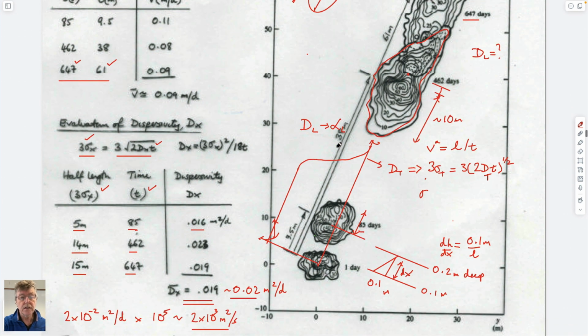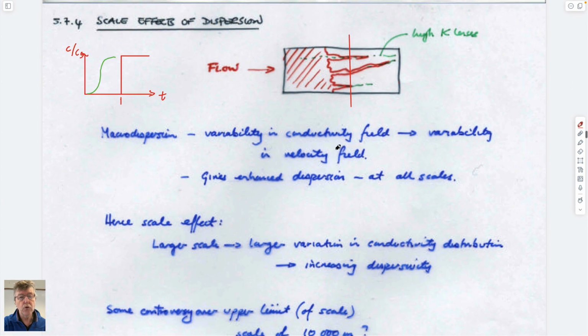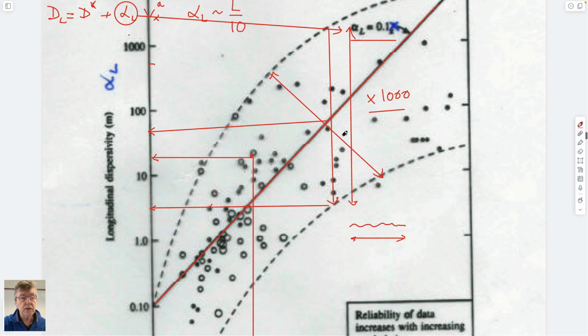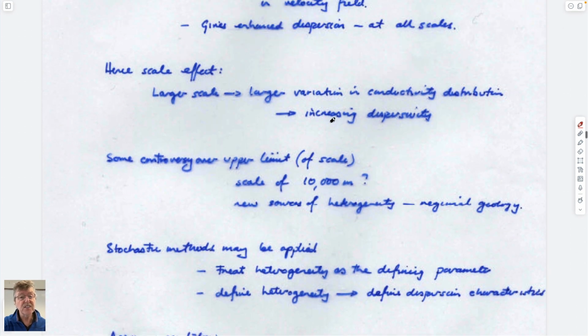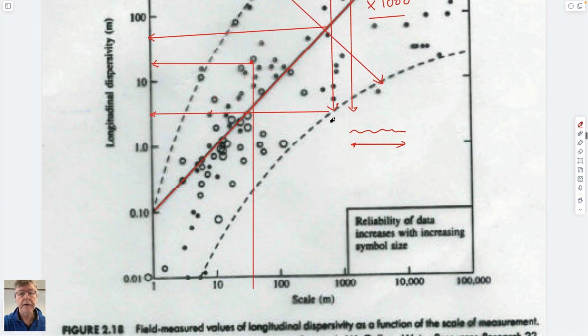And those results would look like this. And the reason that we can also get it just from the size of the plume is because as a plume gets larger and larger and samples a bigger volume of the aquifer, then it has a bigger chance of finding a fast flow channel. So we talked about that.